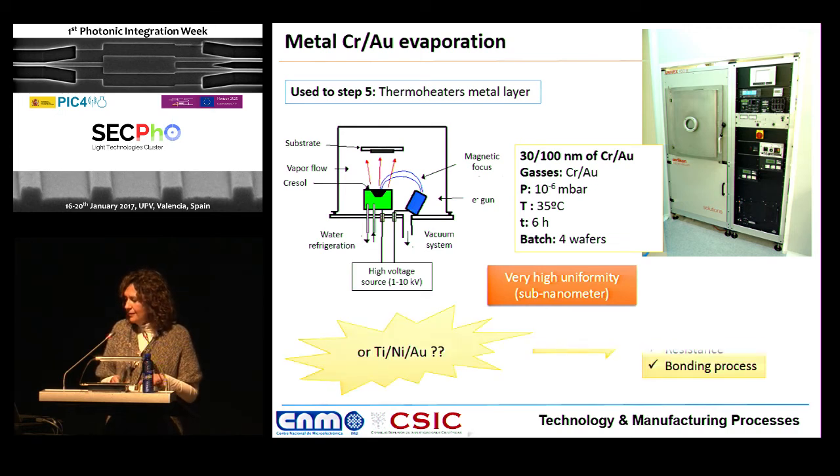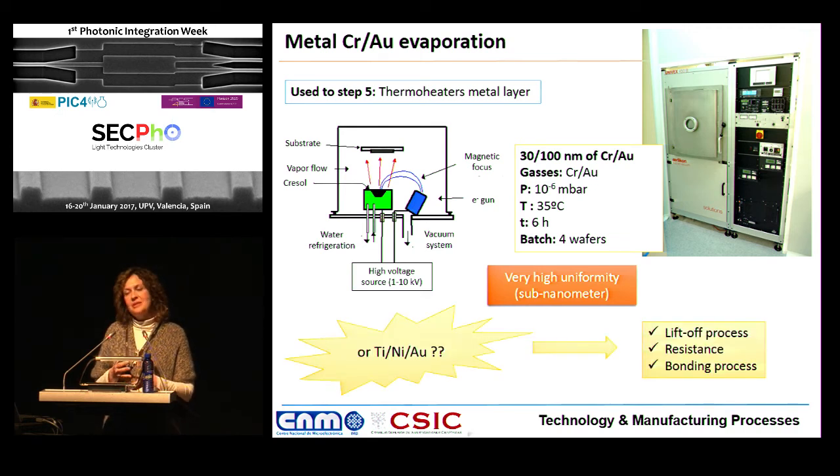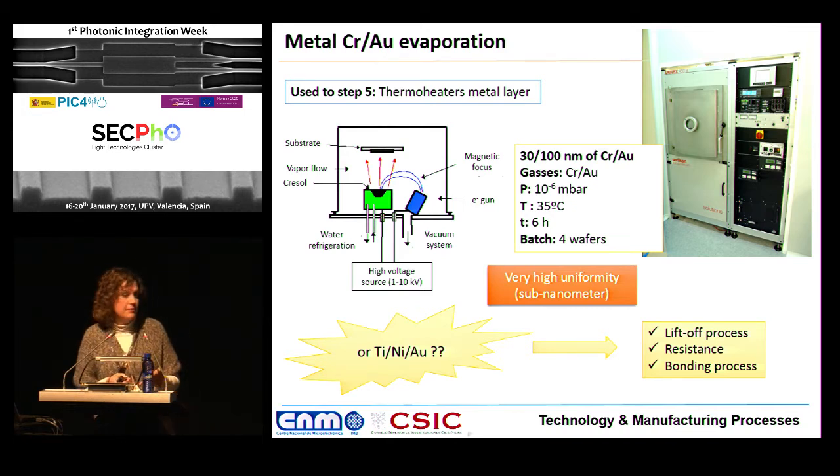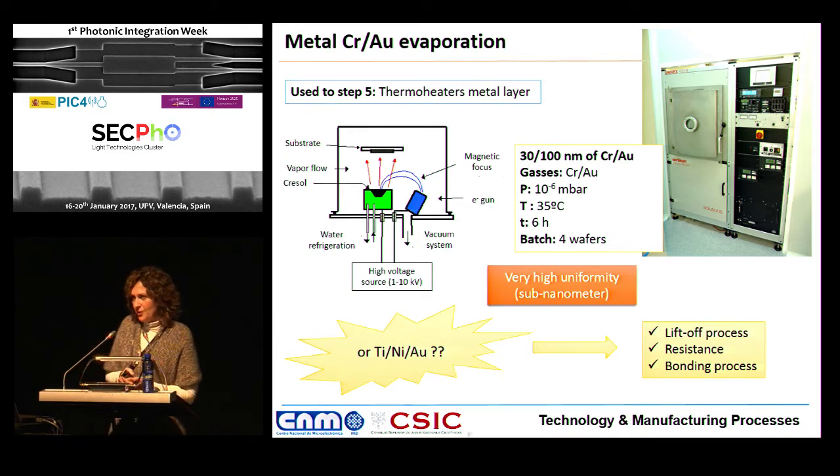But we still have some problems deciding which layer is better, and I will define which is better for the lift-off process, which is the process used to define the resist on the layer on the substrate, and for the bonding process.